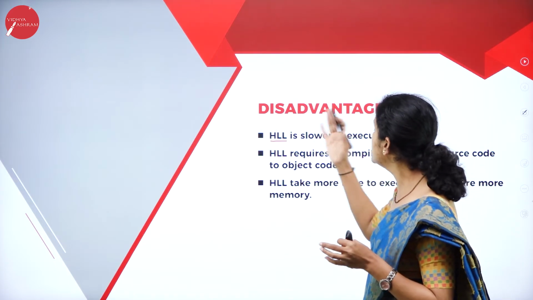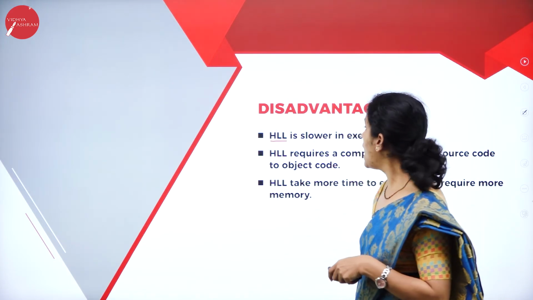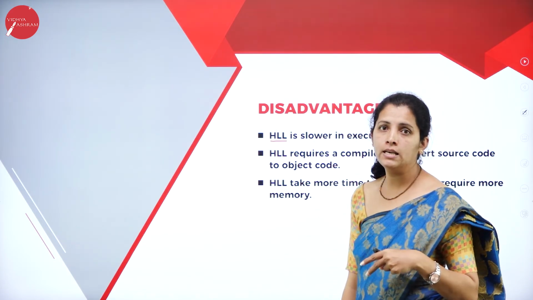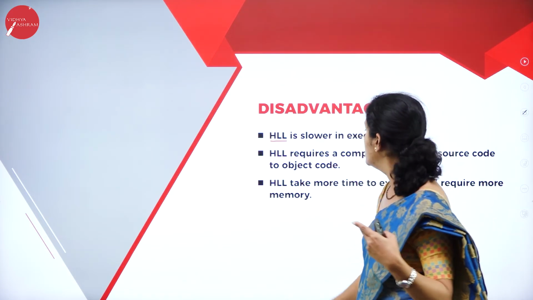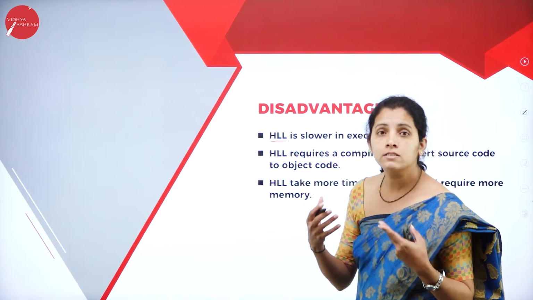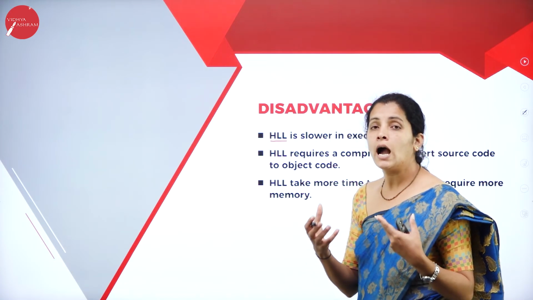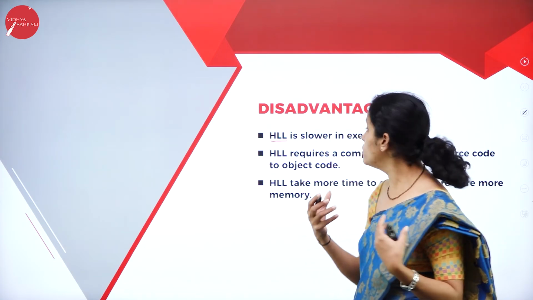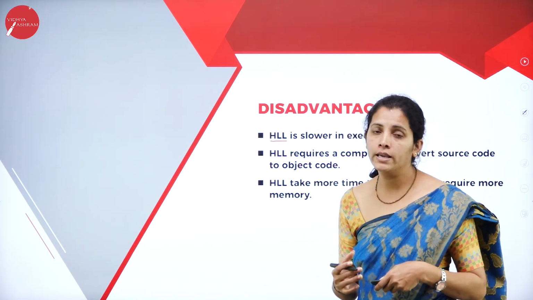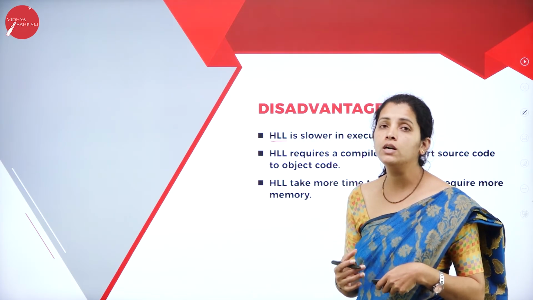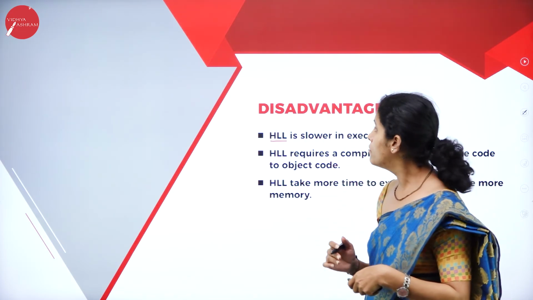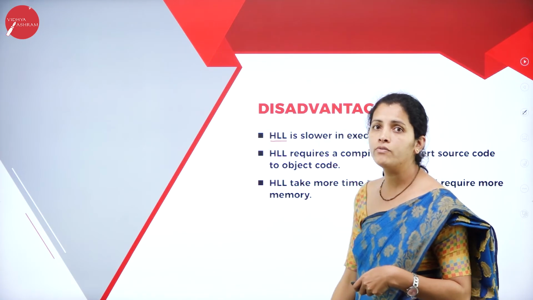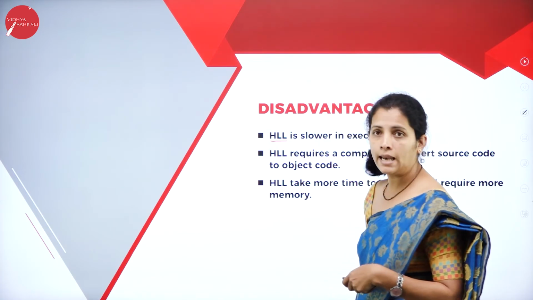So these are the three disadvantages of high level language: slower execution, it takes much time to execute and requires more memory space, and it requires a translator to convert one form to another form. These are the disadvantages of high level programming language.